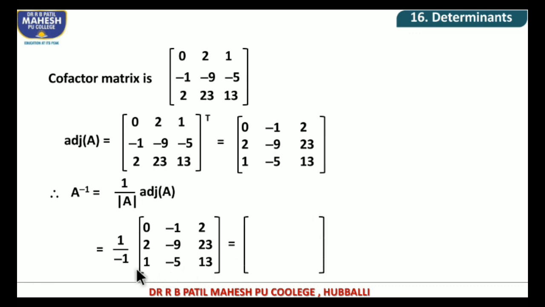Therefore, after multiplying, 1 by minus 1 is again minus 1 only, so minus 1 to be multiplied with this whole matrix, we have 0 1 minus 2, minus 2, 9 minus 23, minus 1, 5 minus 30.